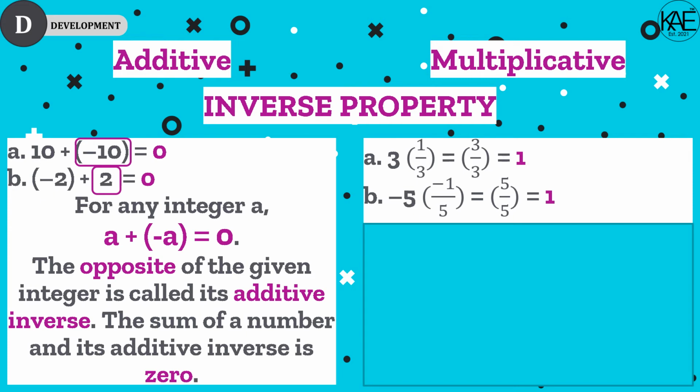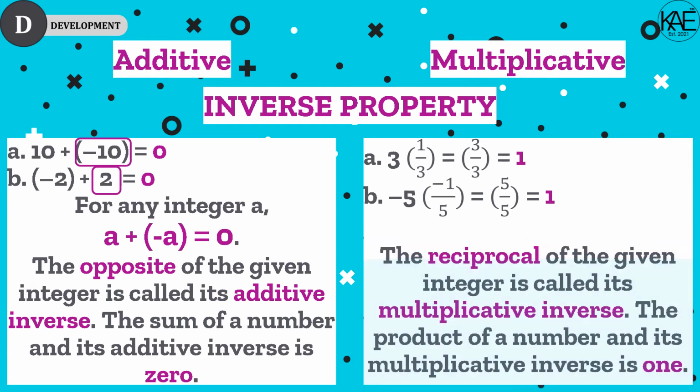The multiplicative inverse property states that the reciprocal of the given integer is called its multiplicative inverse. The product of a number and its multiplicative inverse is 1.